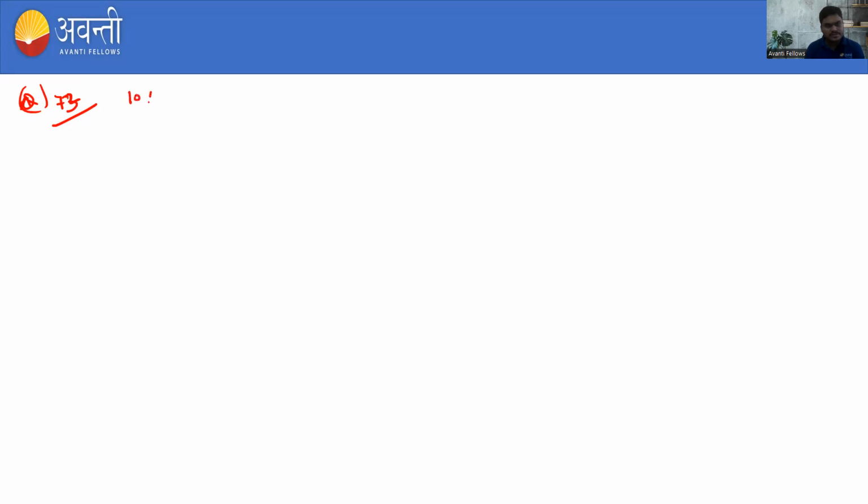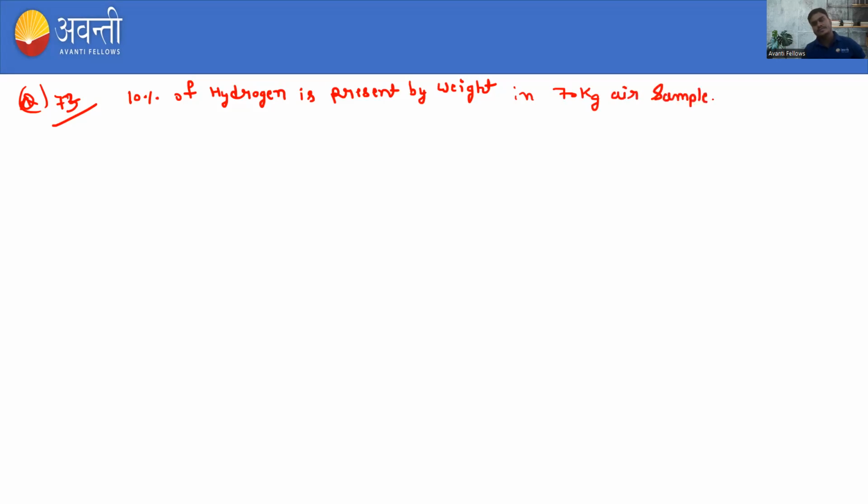So 10% of hydrogen is present by weight in the 70 kilogram air sample.